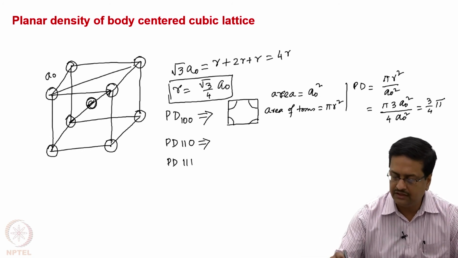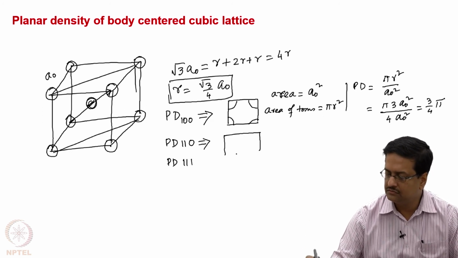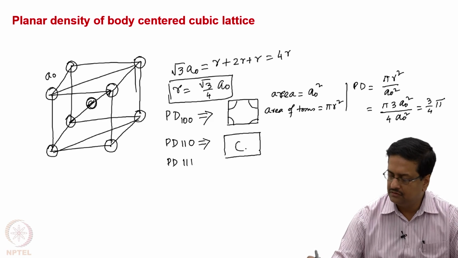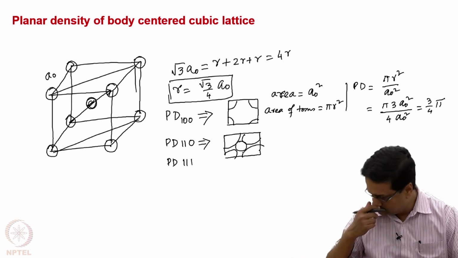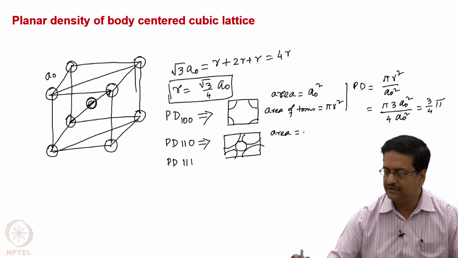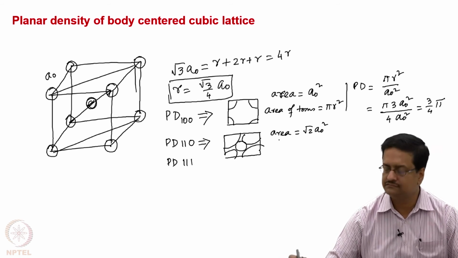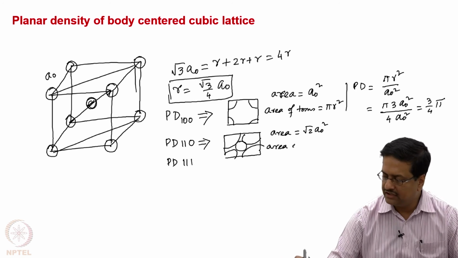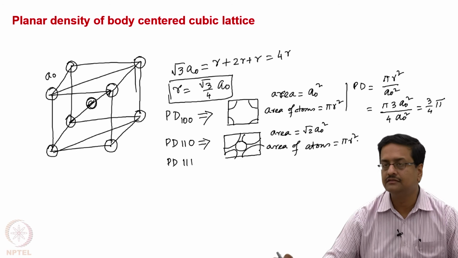That is the plane which is here. So the plane 110 would have the atoms touched along the corner like this. So again, the area of that plane is root 2 a0 square. Area of atoms is pi r square.